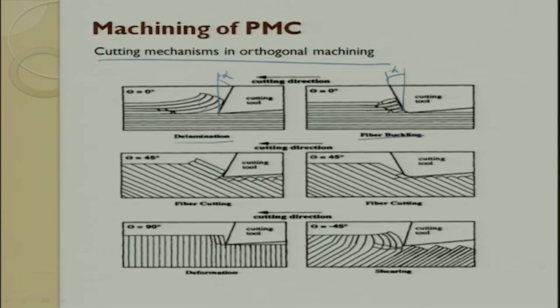When I make the orientation 90 degrees and minus 45 degrees, you see there is deformation happening. Deformation means it tries to bend and it tries to shear off. And here you see a shearing phenomenon happening. Here you see the jump in the surface which is generated on the finished part.